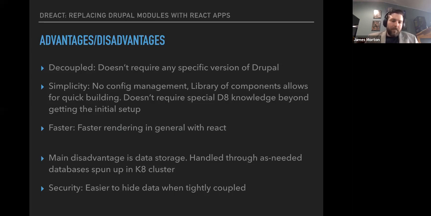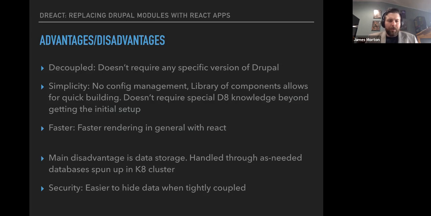And security. Front-end security is definitely more difficult with these ones. It's way easier when they're tightly coupled to hide that data. We use a single sign-on for all of our sites. We use Shibboleth.